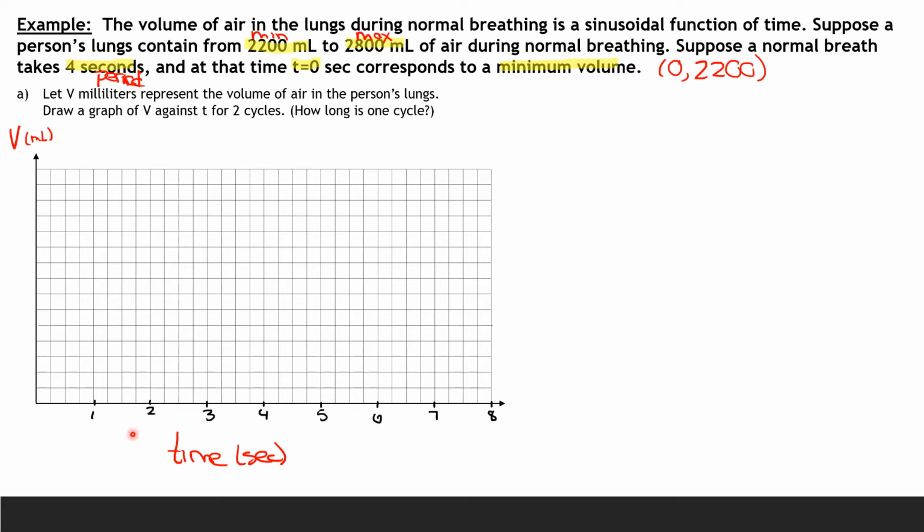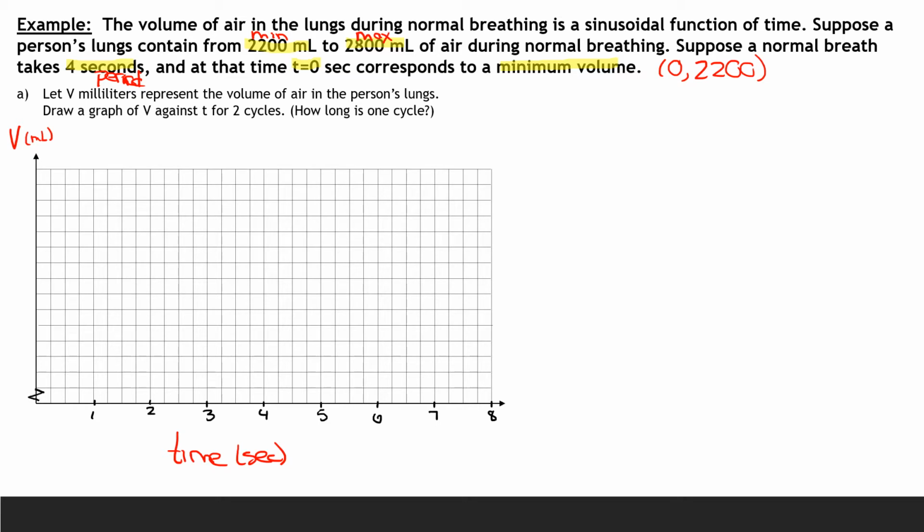Okay, now what about the vertical axis, the volume? Our minimum number is 2,200 and our maximum is 2,800. So I'm going to compress the graph. I'm going to put that little zigzag thing in here because I don't need the numbers 0 to 2,200 really. I'm actually going to compress it to 2,000. I'm going to start at 2,000 just to give me a little bit of space below the bottom number. So let me put a little zigzag thing in here like this.